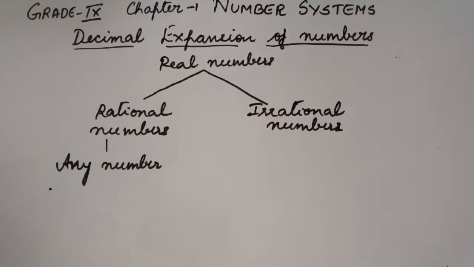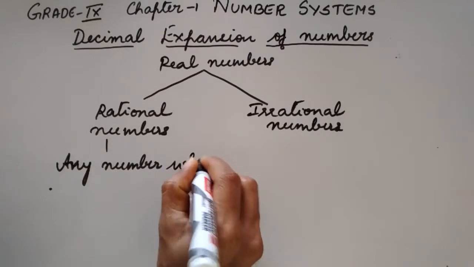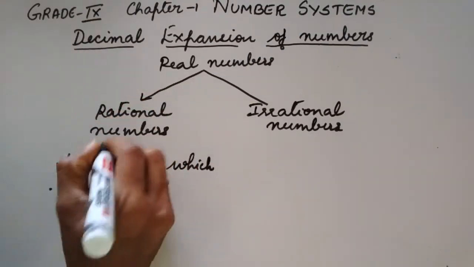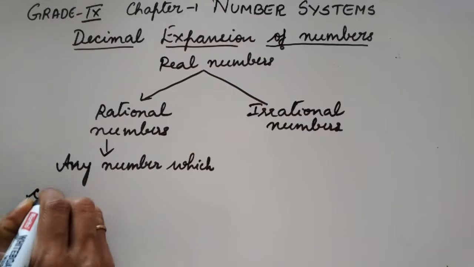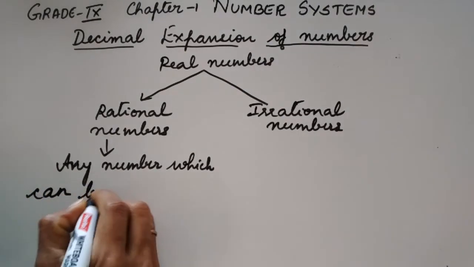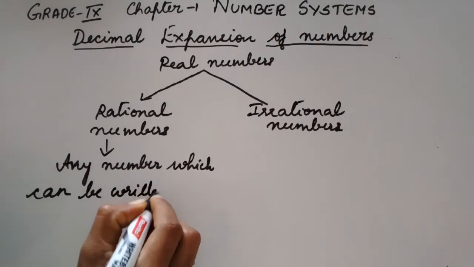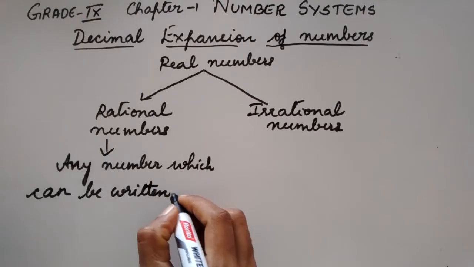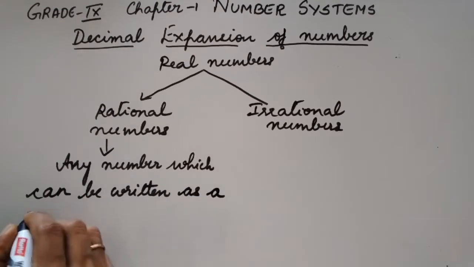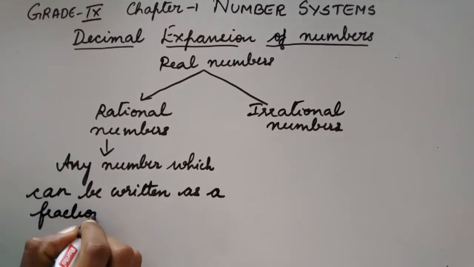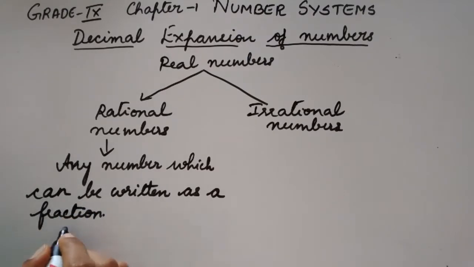For example, 7 is a rational number. This can be written in fractional form as 7 by 1.